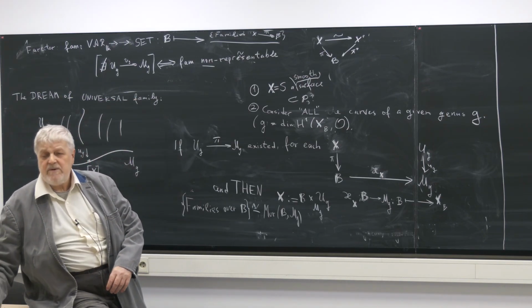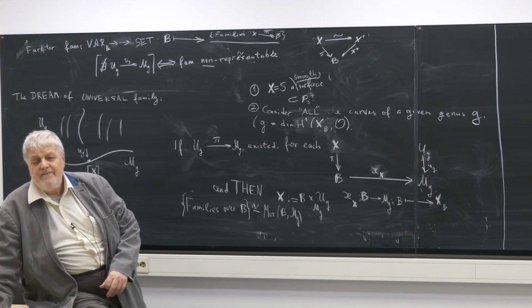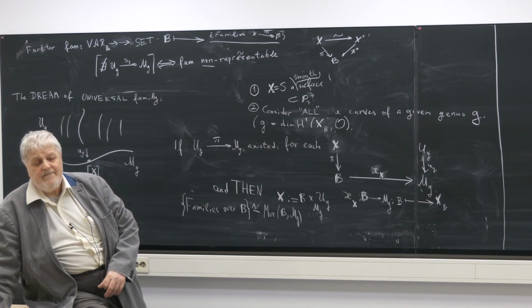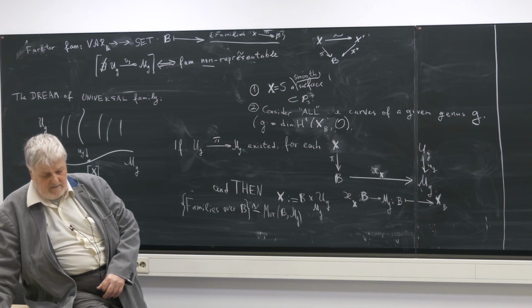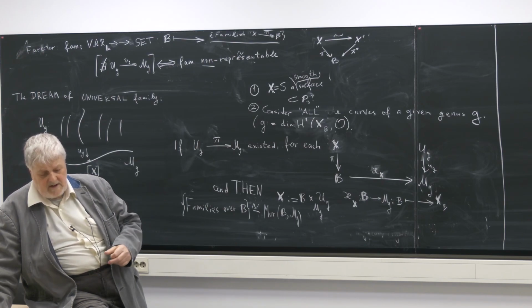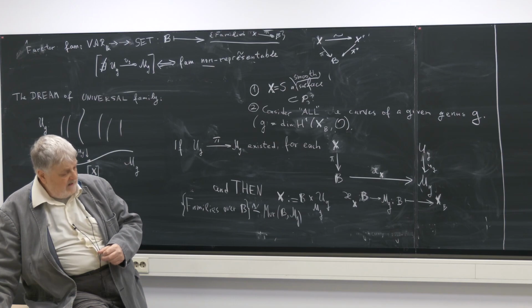Any questions about what is written now on the blackboard? If some of you are not in very good terms with the categorical language, then please believe that this is a concise way of saying things.